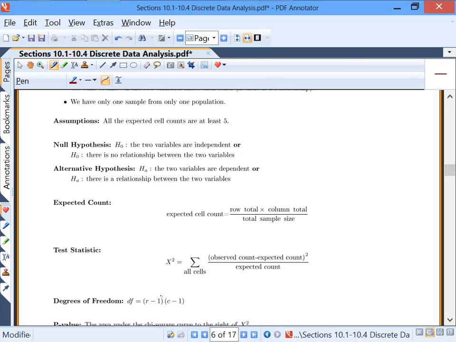So degrees of freedom are R minus 1 times C minus 1. And what do you think the R and C stand for? Row and column. So this is the number of rows minus 1 times the number of columns minus 1.